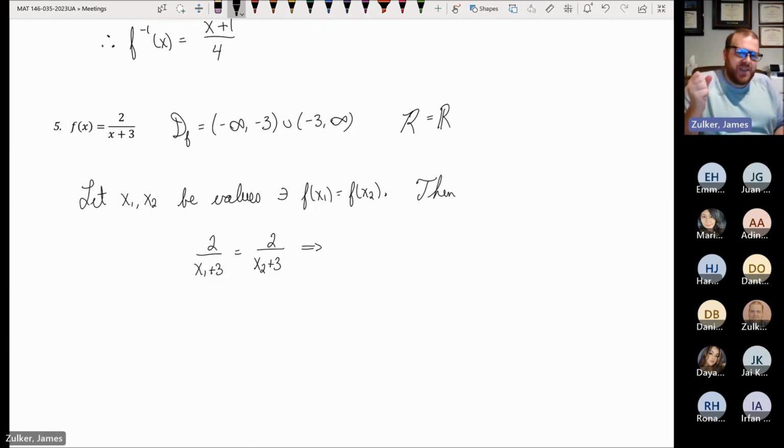Since the numerators of these two functions are identical, their denominators must also be identical. That means that x1 plus 3 has to equal x2 plus 3.